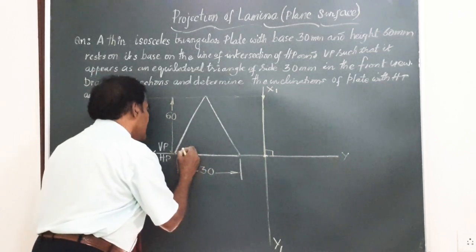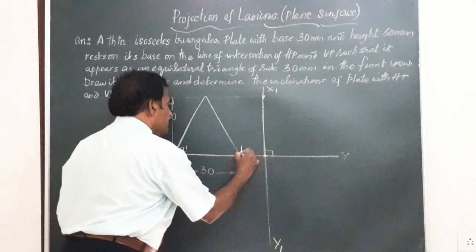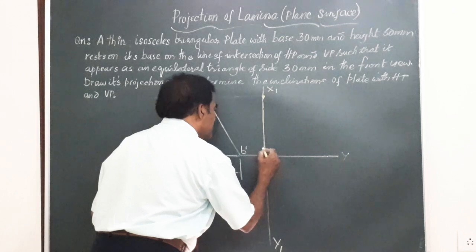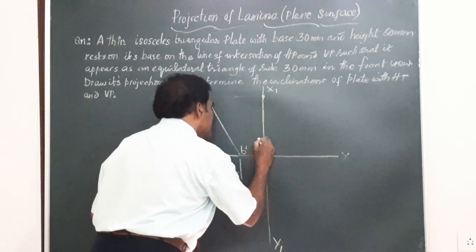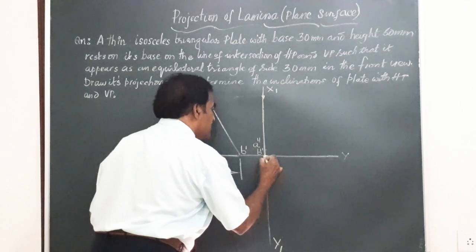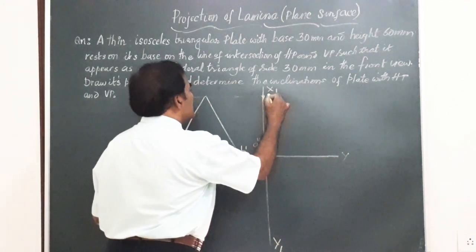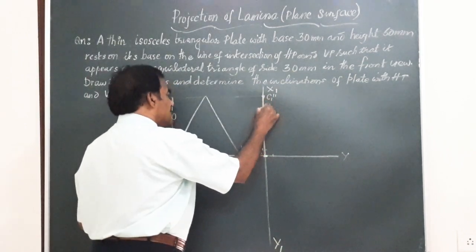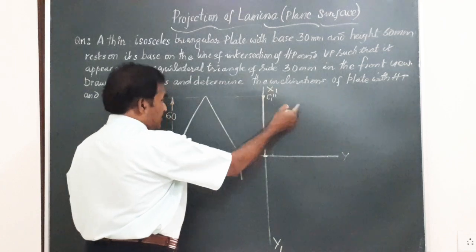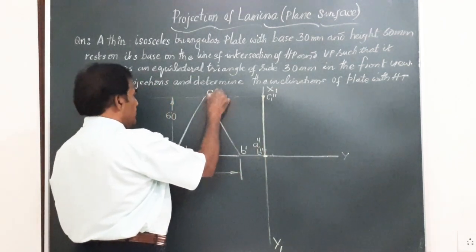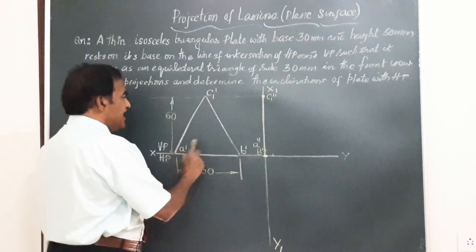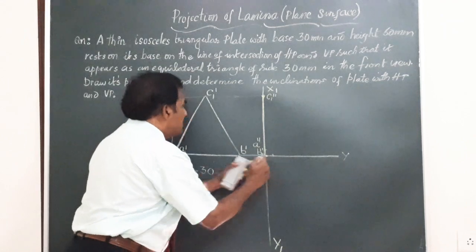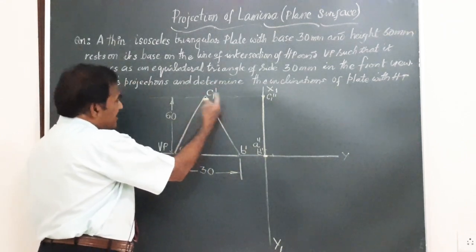So, if I mark this as A dash, B dash, the side view will remain there itself. So, I can very well call this as A double dash, B double dash, and this one I will call as C1 double dash, because later on the position of this will get changed. Hence I will mark that as C1 double dash, only temporary marking. Here again in the front view, this is going to be C1 dash, A dash and B dash. The edge which is on here will remain there itself. That's why I mark this as the final position and this as the initial position.